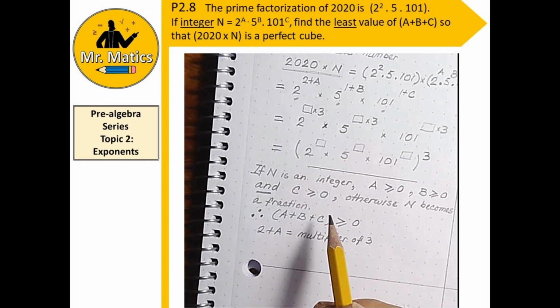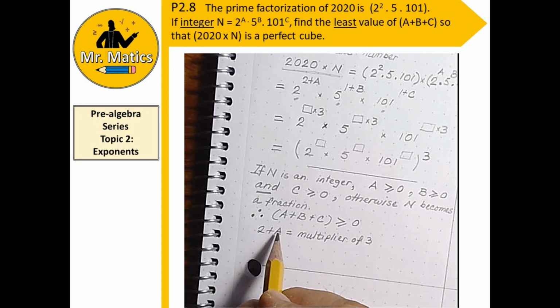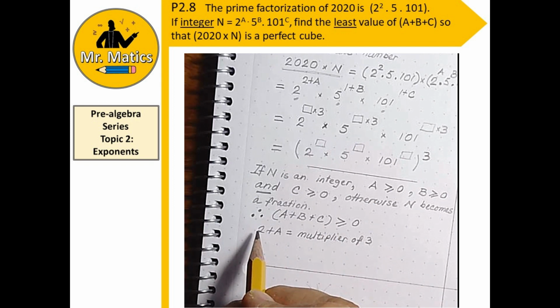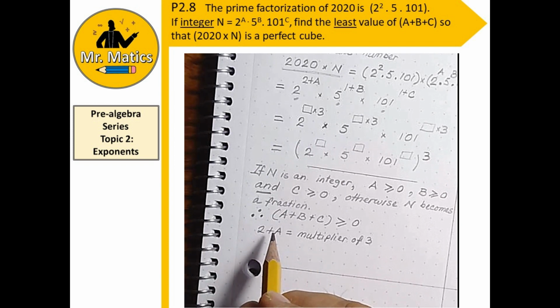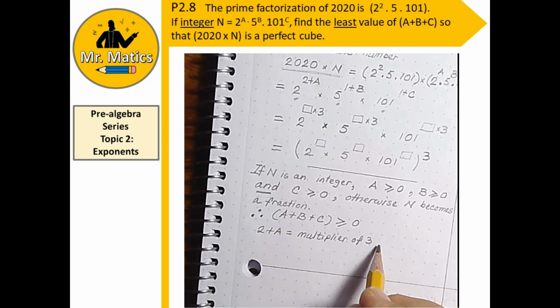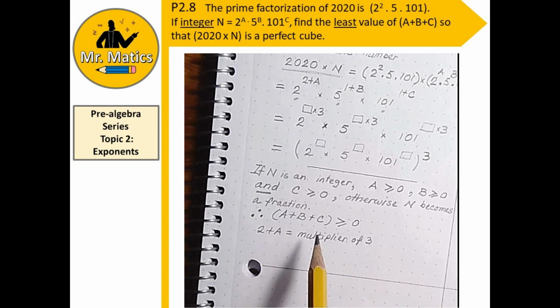Now remember that a has to be 0 or greater than 0. If I put a as 0, it becomes just 2, which cannot be a multiple of 3. So the next number that can be a multiple of 3 will happen if a is equal to 1. And I can even make a equal to 4, which makes it 6. That also is a multiple of 3.